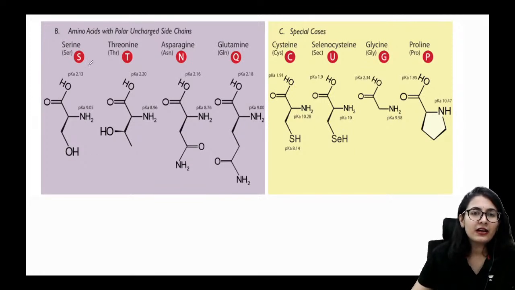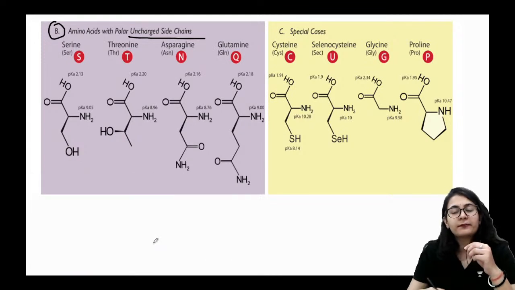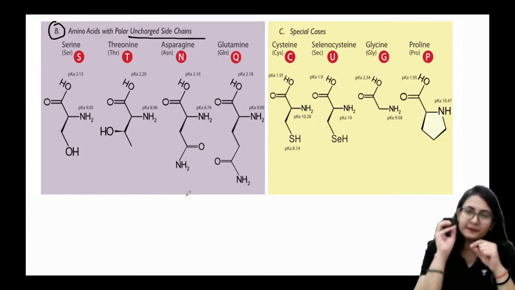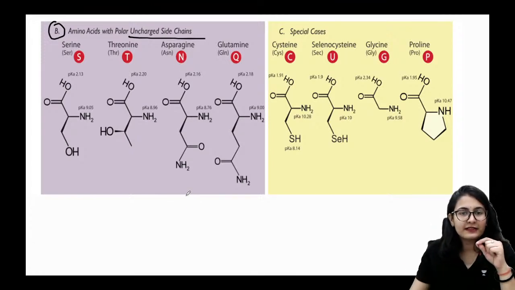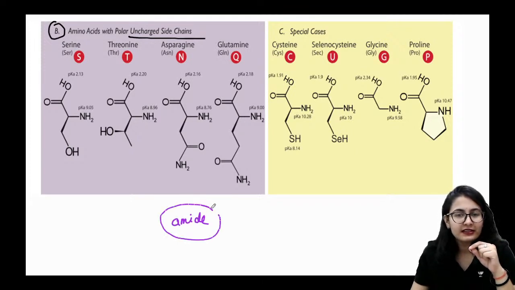All right. Now acid with polar uncharged side chain. Uncharged side chain means it is polar but also uncharged, how can that be? Yes. So whenever you are considering that it is polar but no charge is present, consider amide functional group. Isn't it?